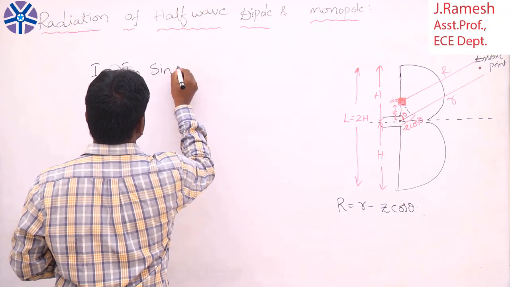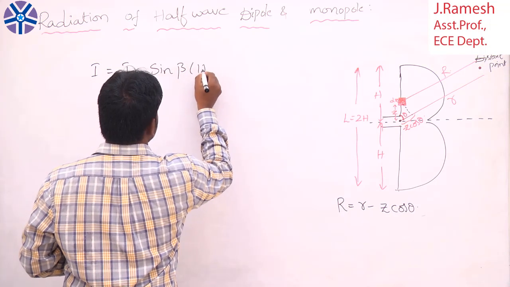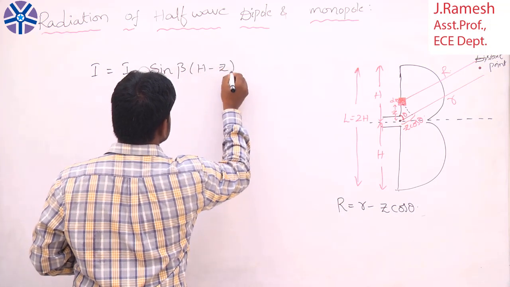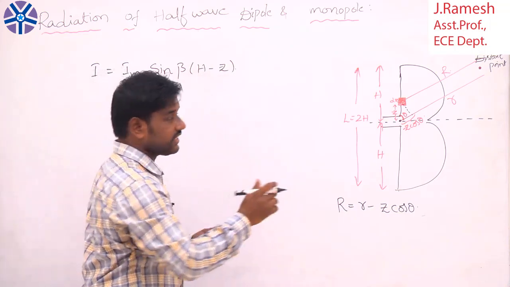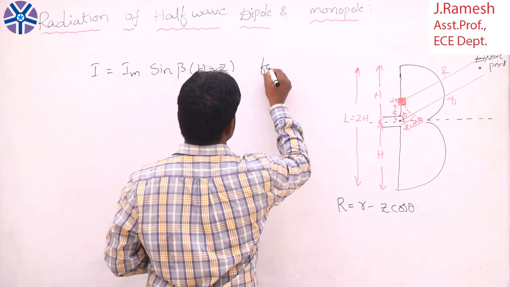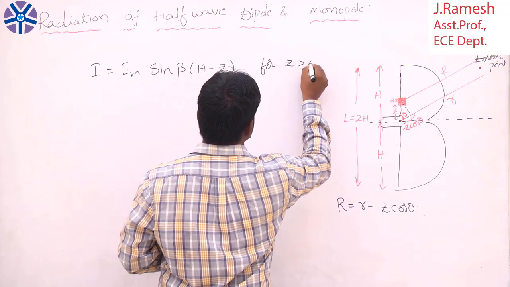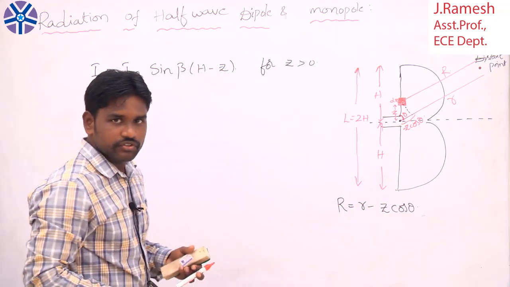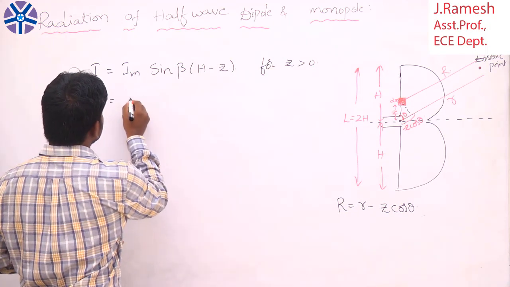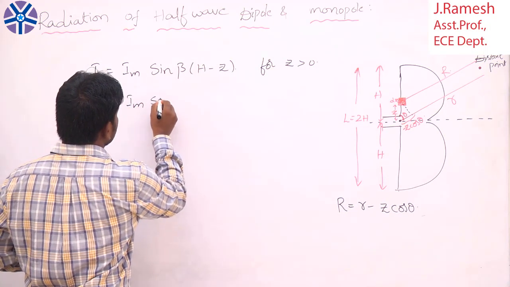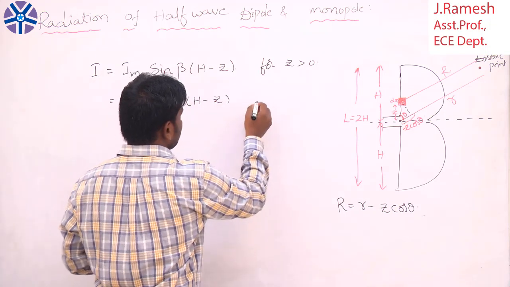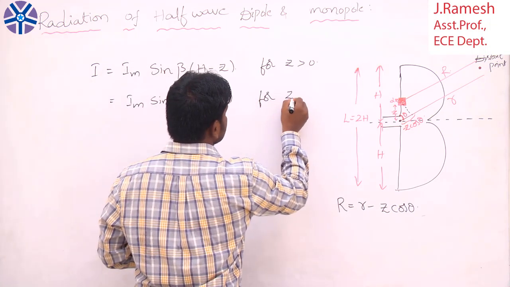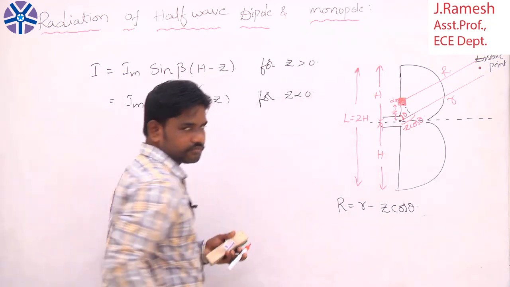I can write Im sin beta into (h minus z) for z greater than 0. If you take the same current for the negative direction, I can write sin beta of (h plus z) for z less than 0.